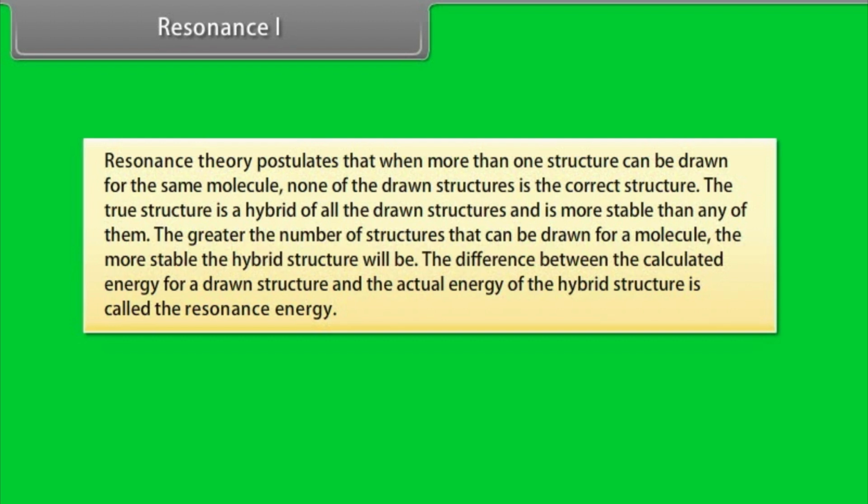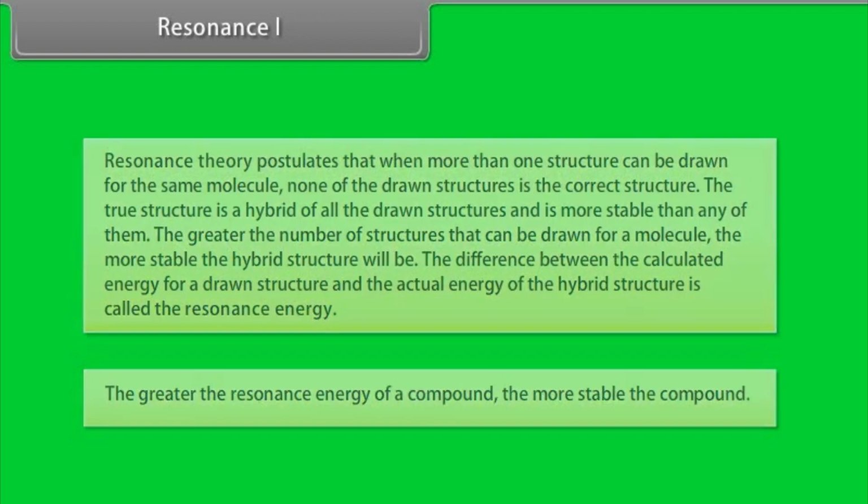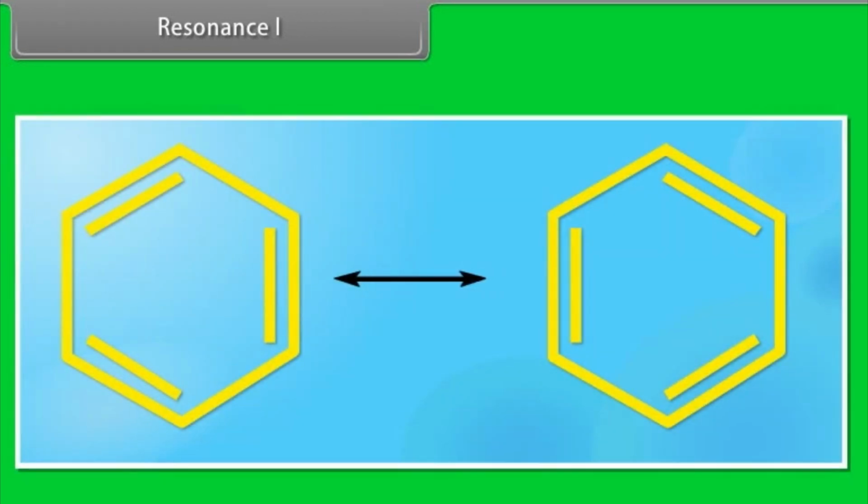The difference between the calculated energy for a drawn structure and the actual energy of a hybrid structure is called the resonance energy. The greater the resonance energy of a compound, the more stable the compound. The two Kekulé structures that can be drawn from the benzene molecule are actually two resonance structures.